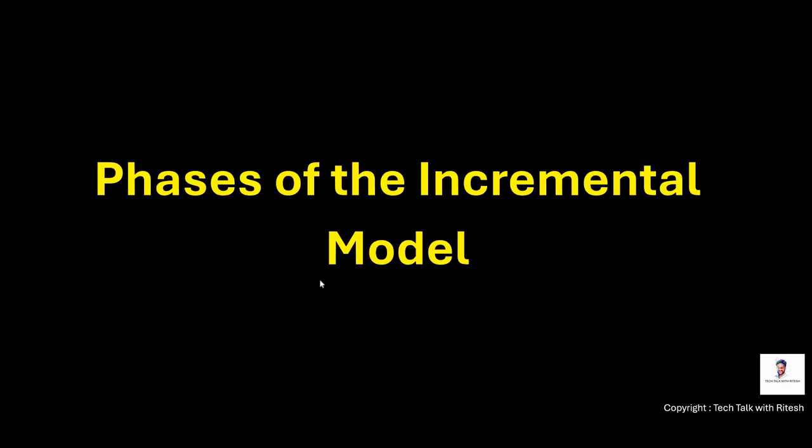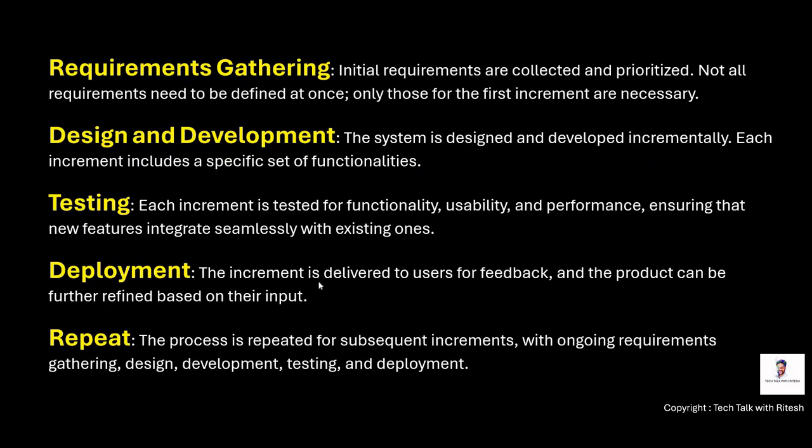Now let's see the phases of the incremental model. Since we have already discussed the SDLC, these phases will come again and again, because all these models have modified these phases only, in a way or other. So first one is requirement gathering.